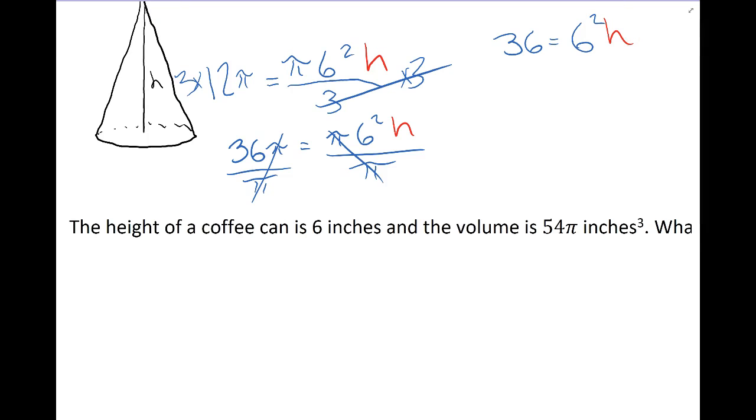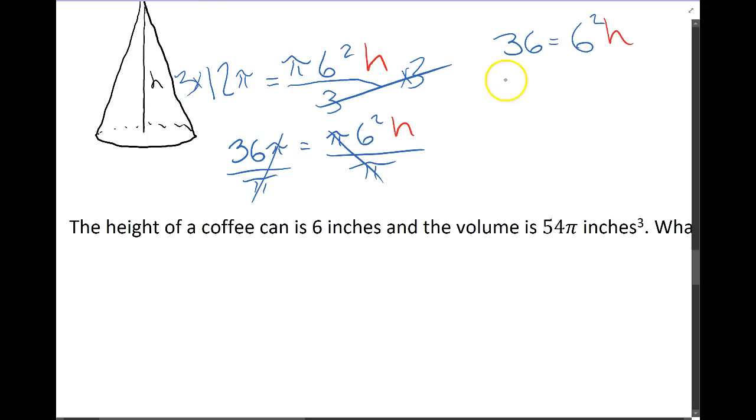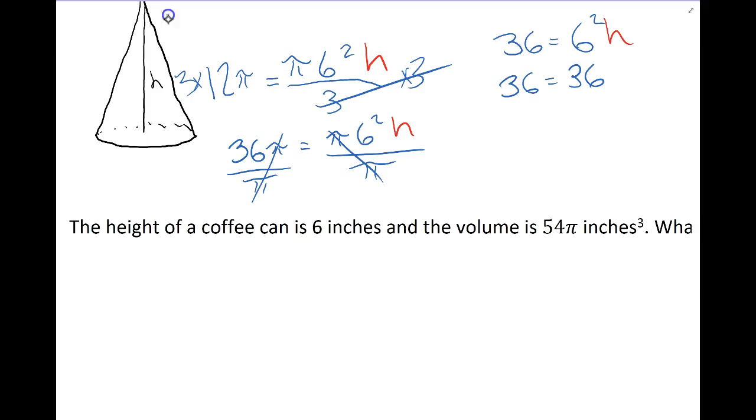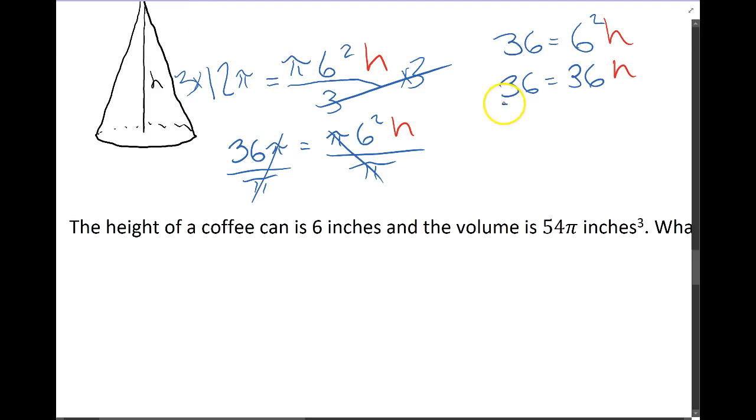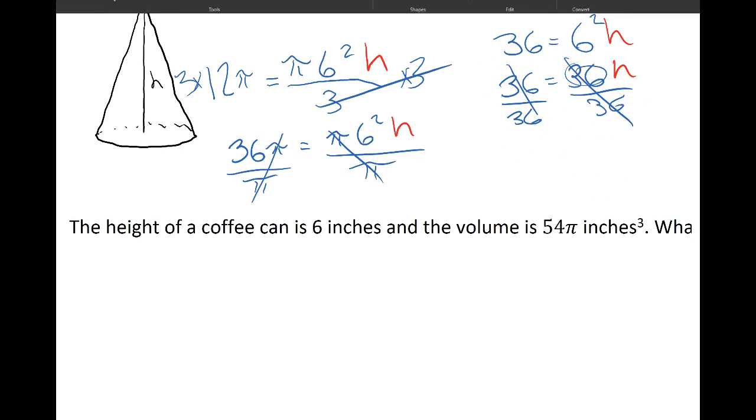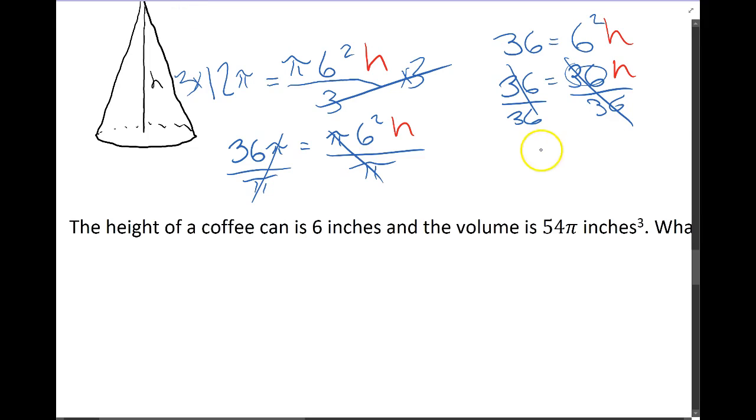Well, now let's carry this through. 6 squared is 6 times 6, so I get 36 equals 6 times 6 is 36 times h. And then I'm going to divide both sides by 36 so that I can move this one away from the h. And I end up finding out that the height is equal to 1.